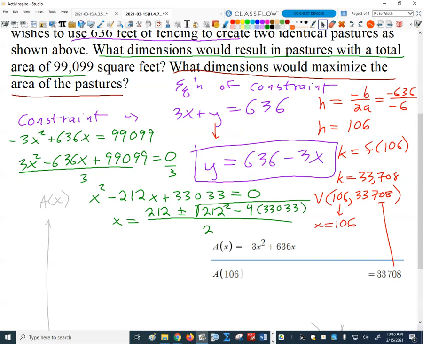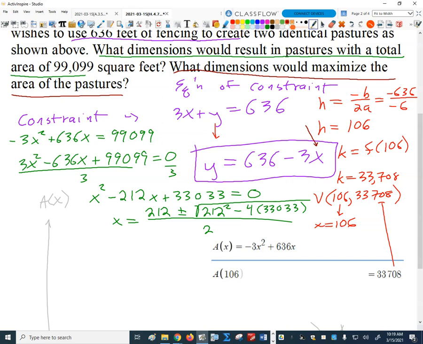If I want to ever be able to evaluate y, the boxed equation is the one where y is isolated. And so that's the one where I could easily plug in a value for x. Everybody see that? So all I'd have to do is plug that value in there. I'd get 636 minus 3 times 106.